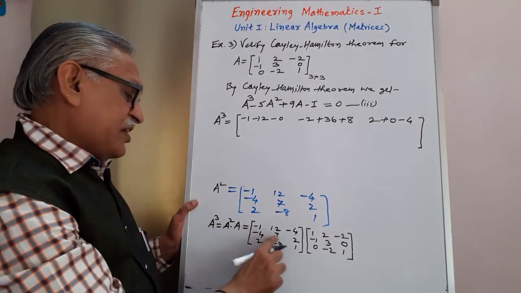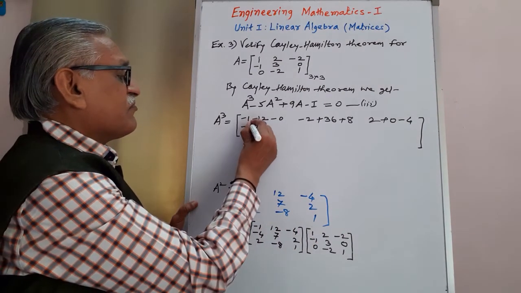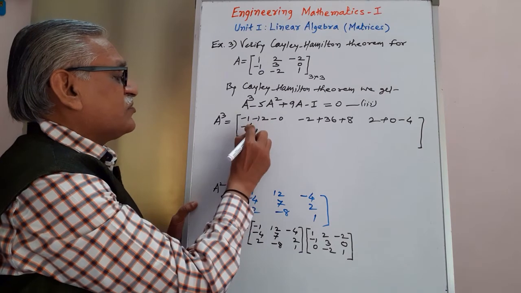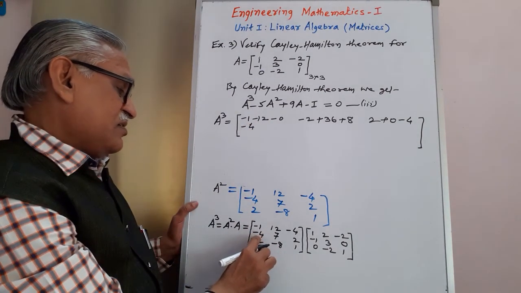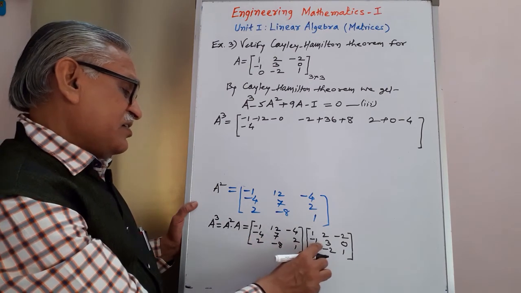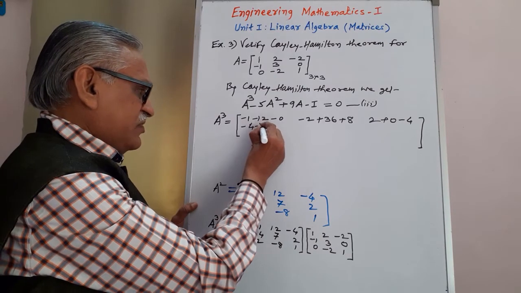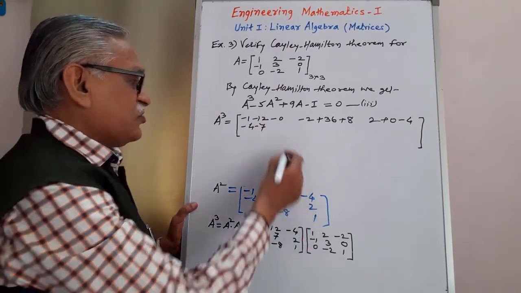Then second row to the first column: minus 4 into 1 is minus 4. Then 7 into minus 1, minus 7, and 0.